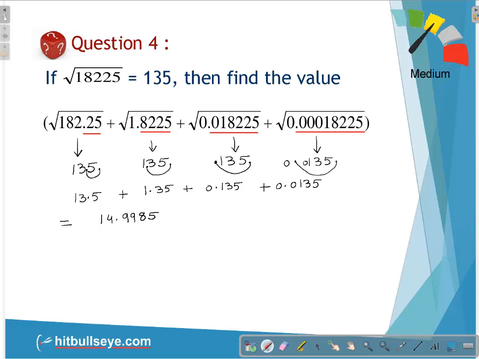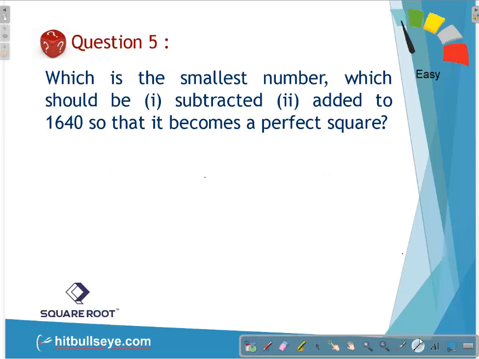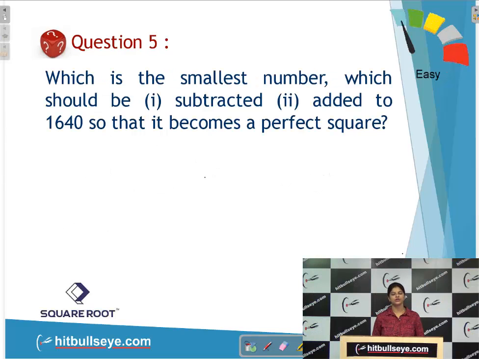Let's see the next question. In this question, friends, we need to find which smallest number needs to be subtracted or added to the given number so that it becomes a perfect square.